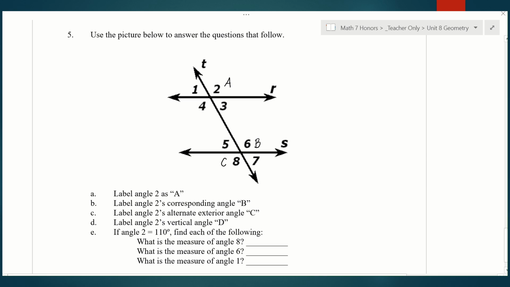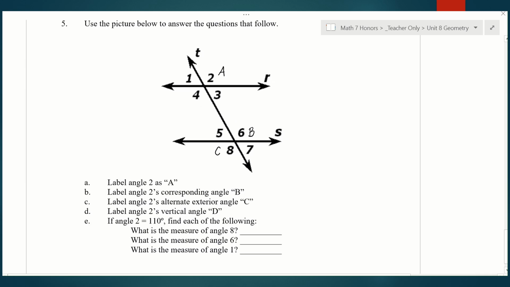So angle 8 is going to be labeled C. Label angle 2's vertical angle D. Vertical angles mean they are across from each other and they are congruent. So angle D is going to be where angle 4 is. Okay, if angle 2 is 110 degrees, I'm going to label that here, 110, find each of the following.